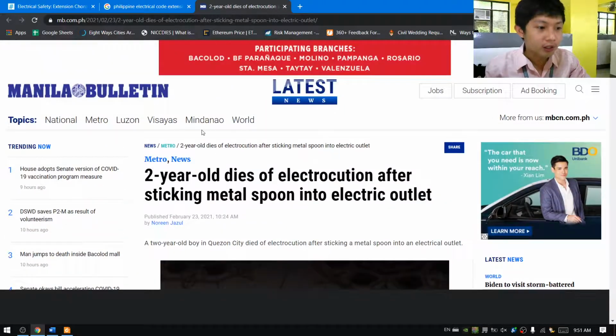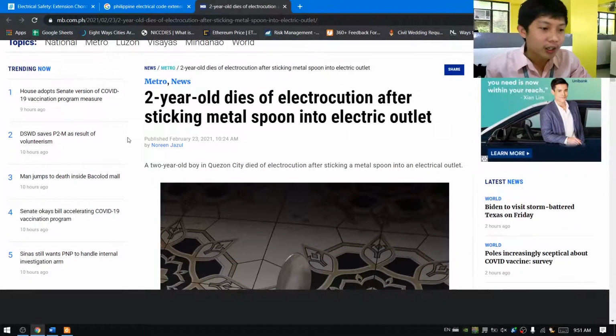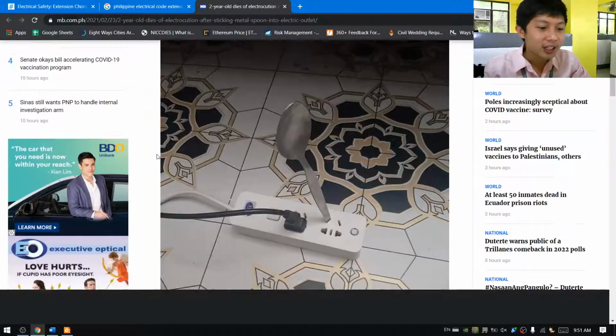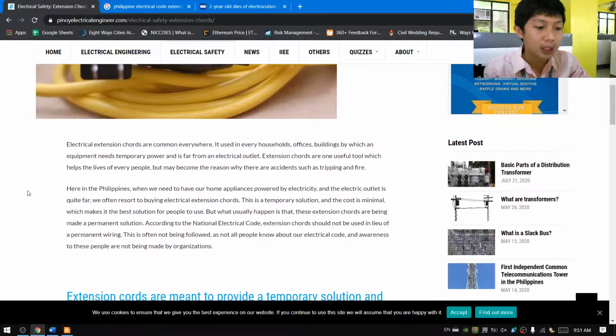Before we begin, there was some news yesterday about a 2-year-old who died from electrocution after sticking a metal spoon into an electric outlet. Just want to make clear, this is an extension cord, and what does the Philippine Electrical Code say about extension cords?